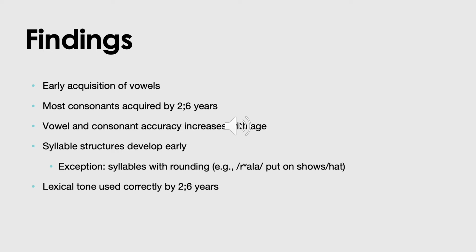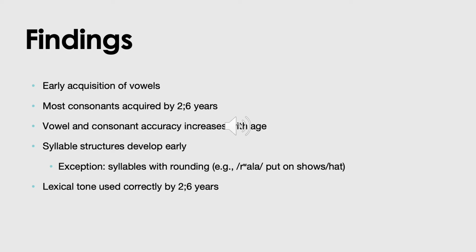Setswana-speaking children in this study had not yet acquired round alveolar trill rwa, for example in the word rwala, which means to put on one's shoes or hat, and they had not yet acquired this consonant by 6 years and 5 months. This suggests that this particular consonant phoneme is one of the few last acquired Setswana phonemes.